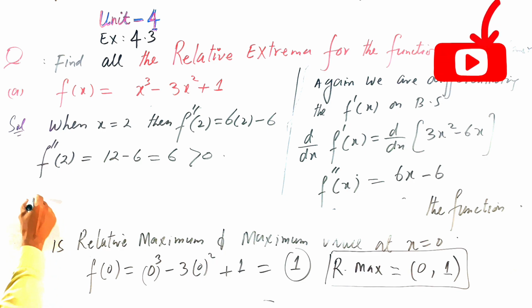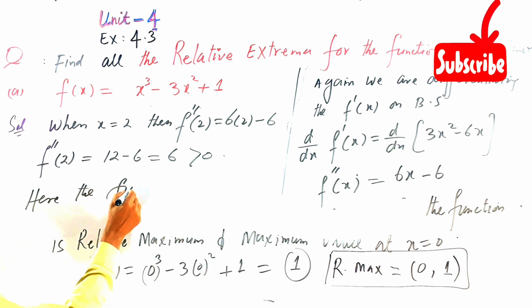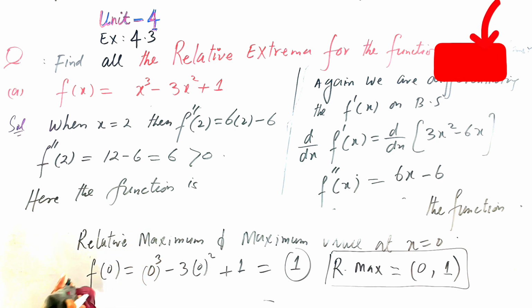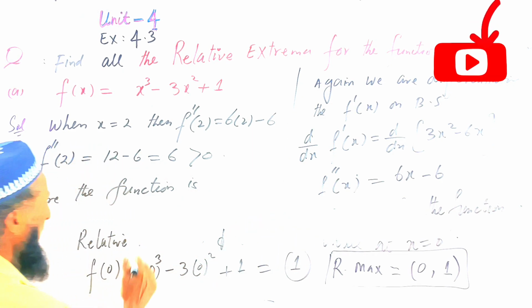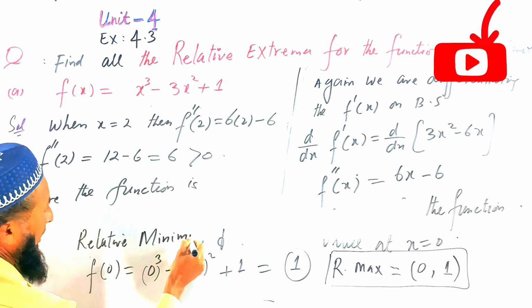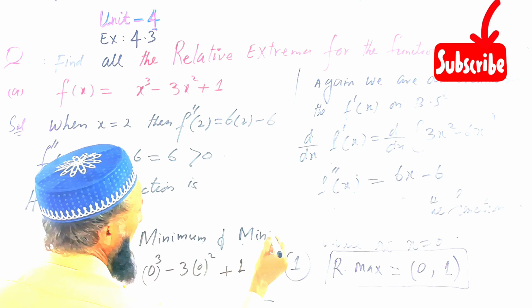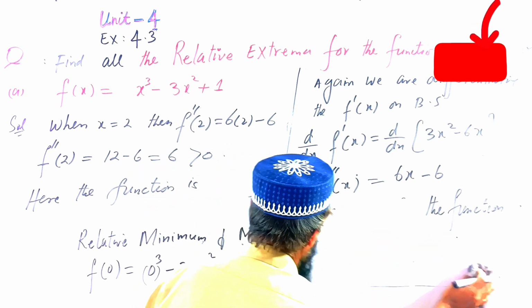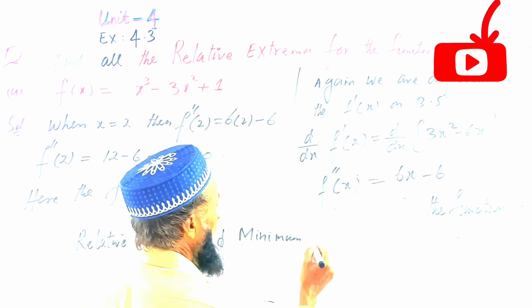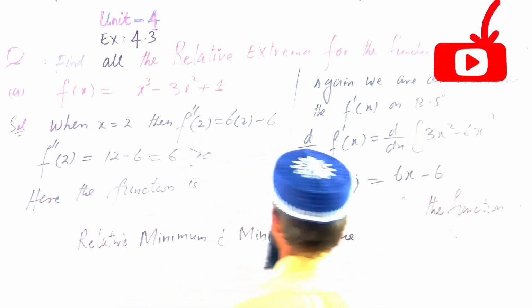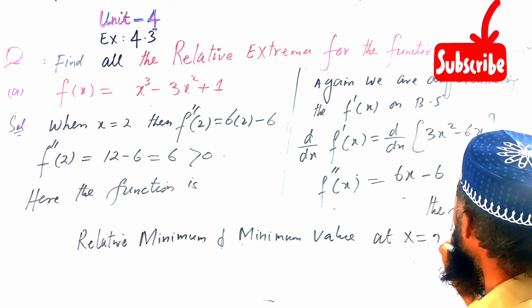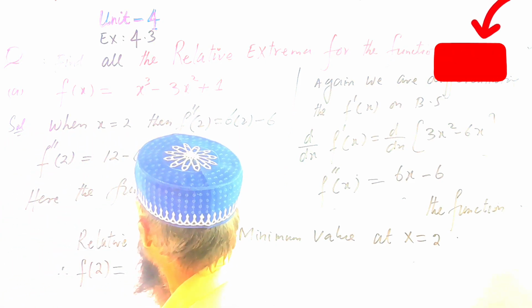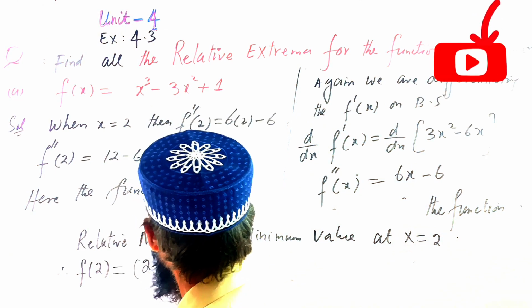So the function has a relative minimum, and the minimum value at x is equal to 2. f of 2 is equal to 2 cube minus 3 into 2 square plus 1.